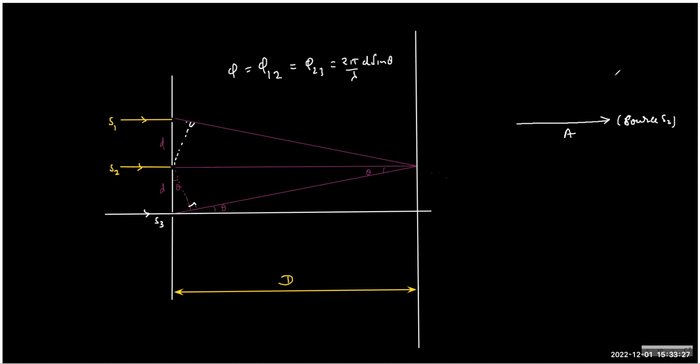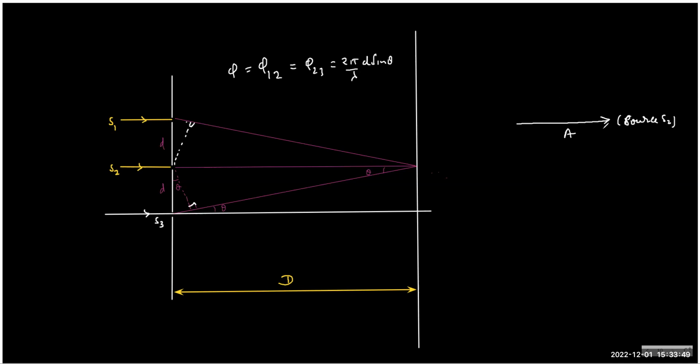Because each slit produces the same intensity on the screen, which means all will have the same amplitude as well. So I think we can draw like this.